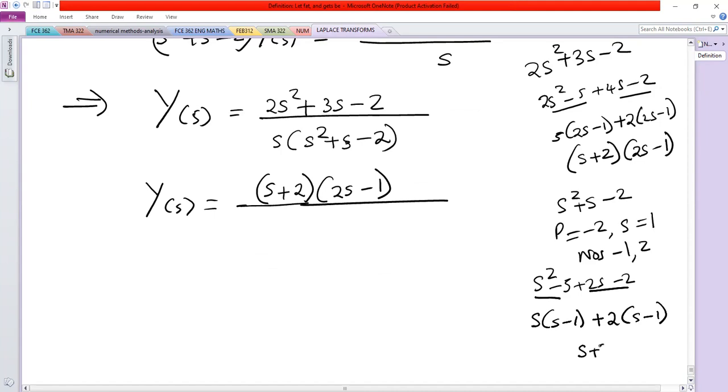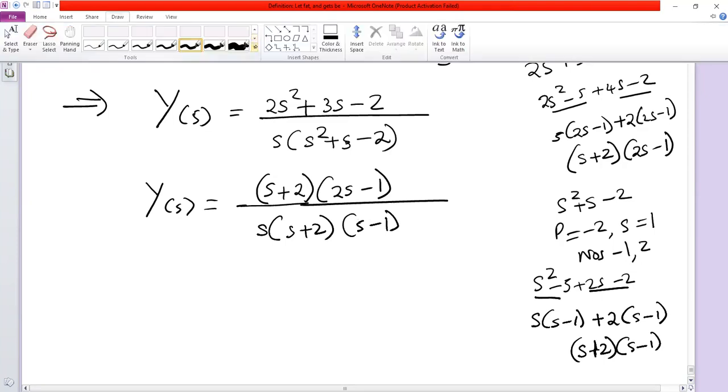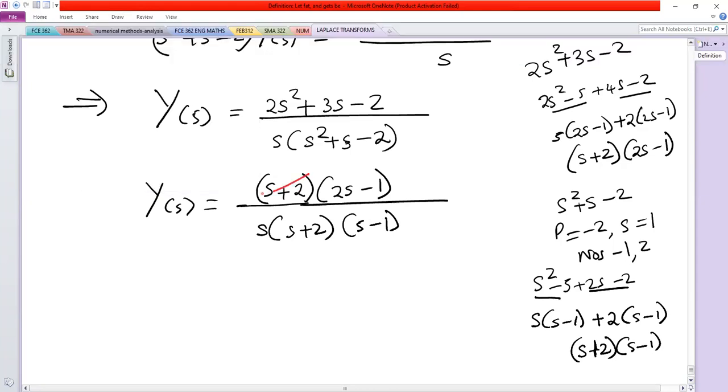So s plus 2 and s minus 1 are the factors of the denominator, so s times s plus 2 times s minus 1. At this point, we have the s plus 2 bracket canceling out, which means capital Y of s is 2s minus 1 divided by s times s minus 1.